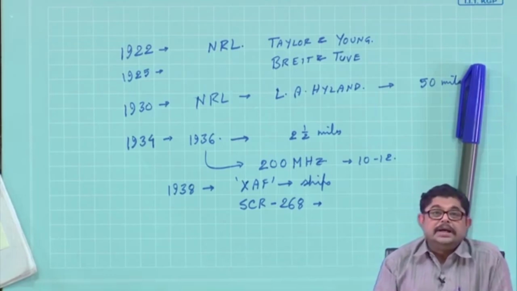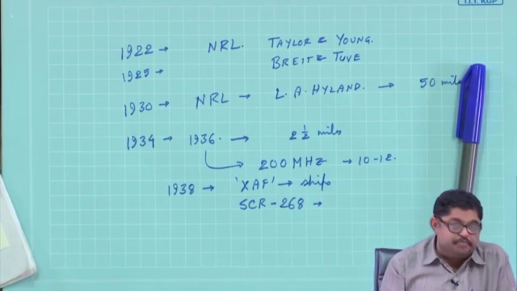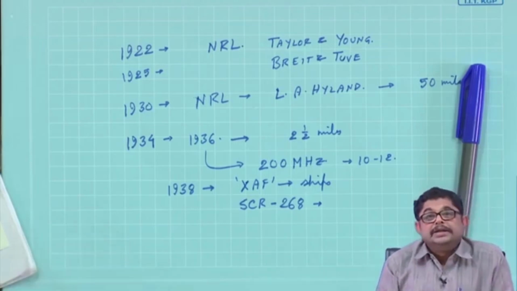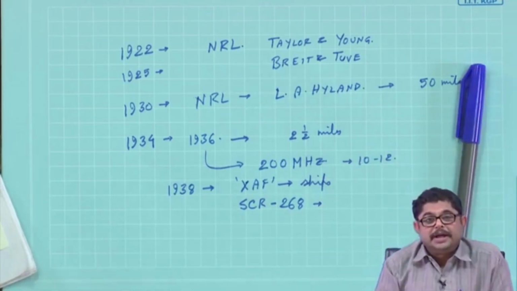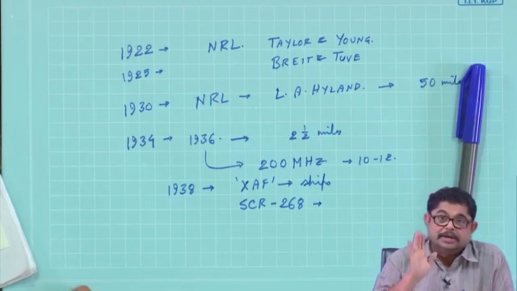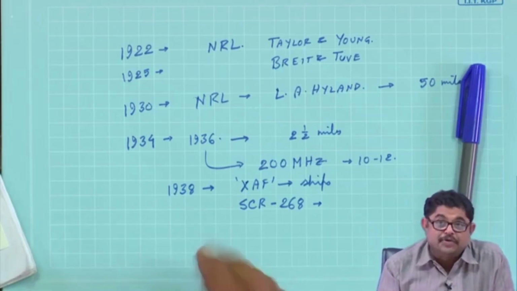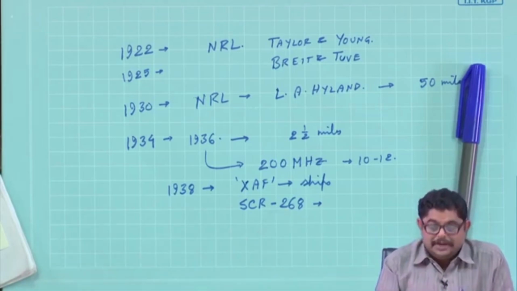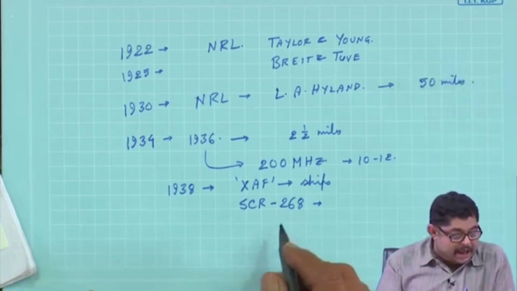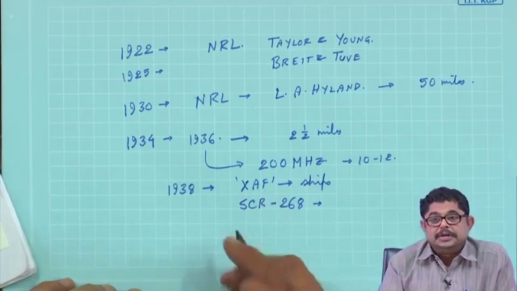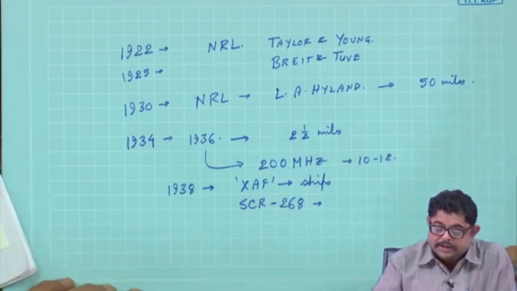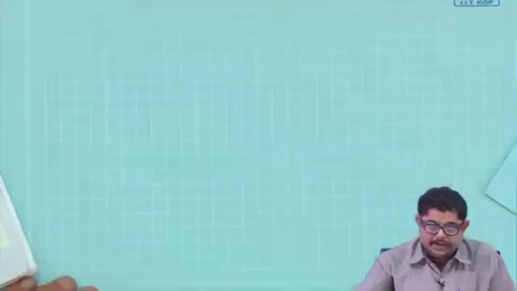The radars could detect the planes, but since the range was small, only when the aircraft came very near could they detect them. But they could detect, so that showed that it was really necessary to develop. And there was also another research going on in the British system. What I said now was the American system.